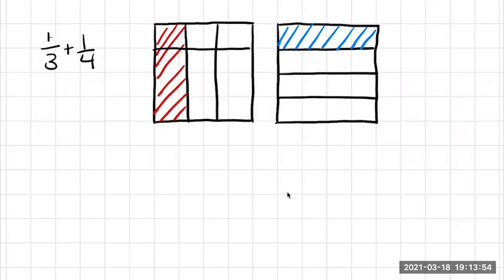Actually, let's decompose with dotted lines. That's probably better. So there I've decomposed my thirds into 4 pieces each. And I'm going to decompose my fourths into 3.